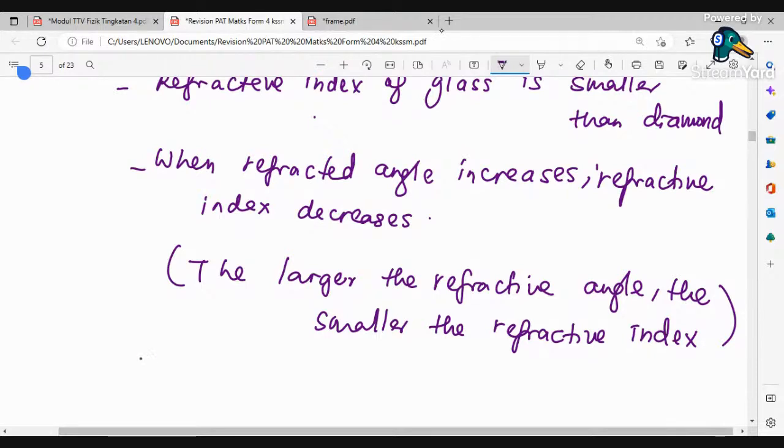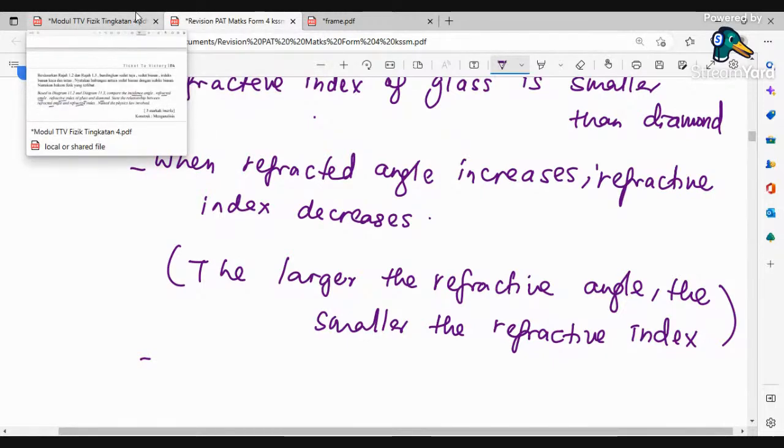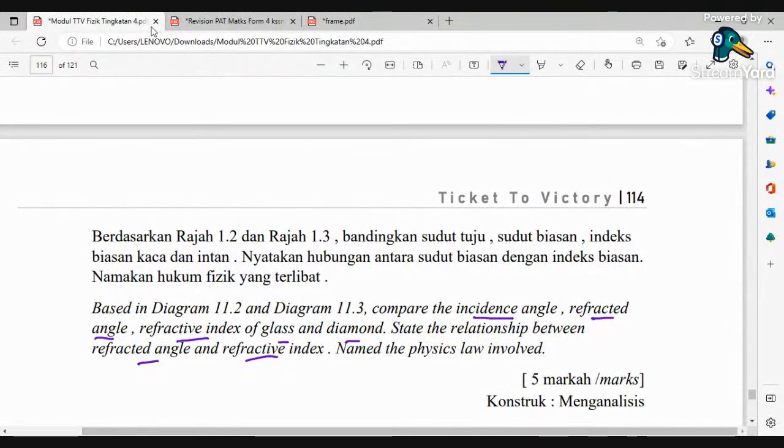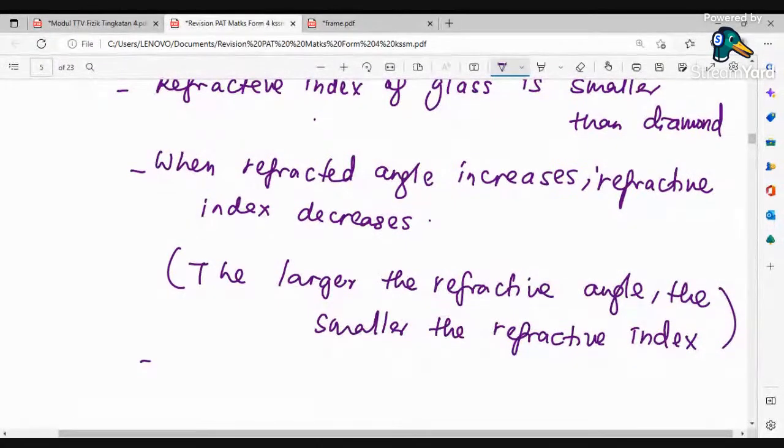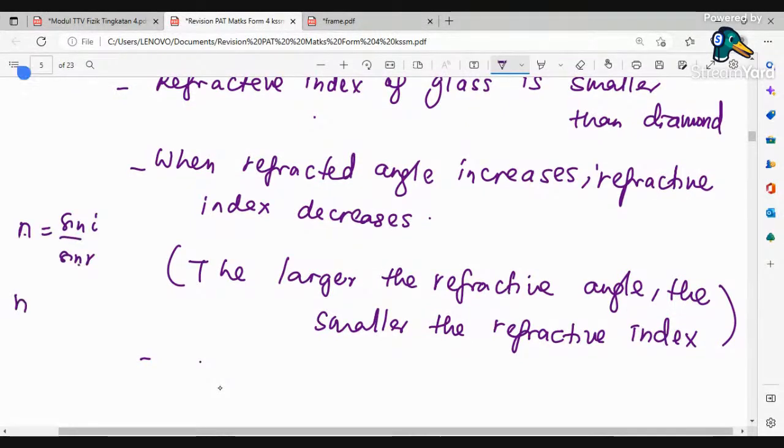Okay, markah yang kelima ialah what is the related principle ataupun law. Okay, name physics law involved. Jadi physics law di sini ialah refractive index dengan angle ialah n if dengan r inversely proportional.